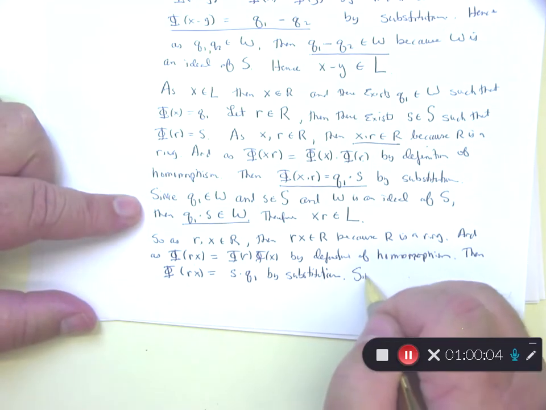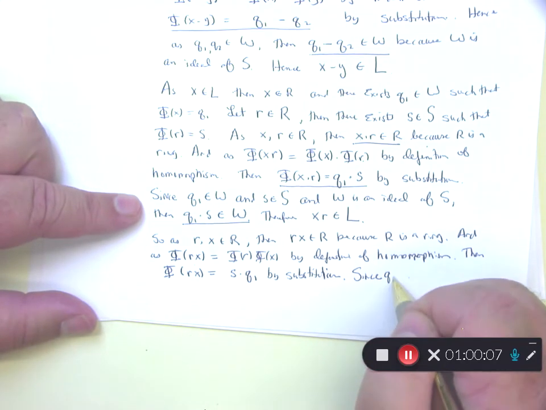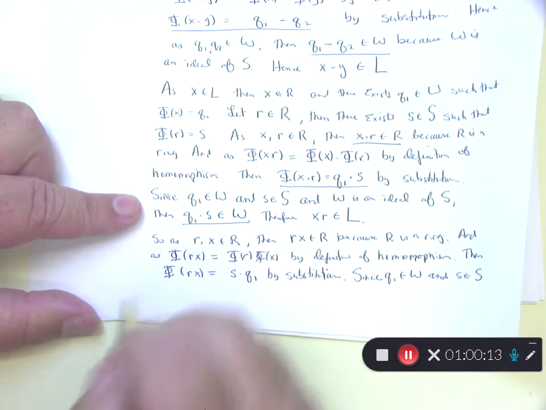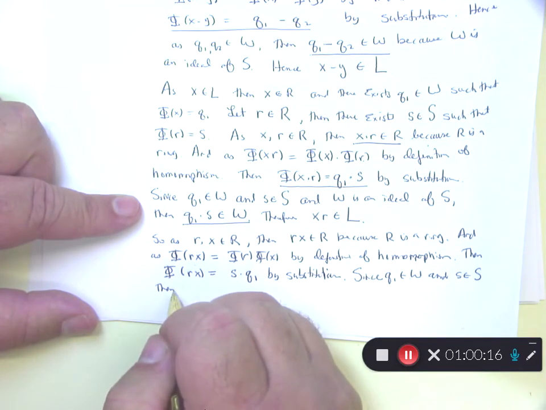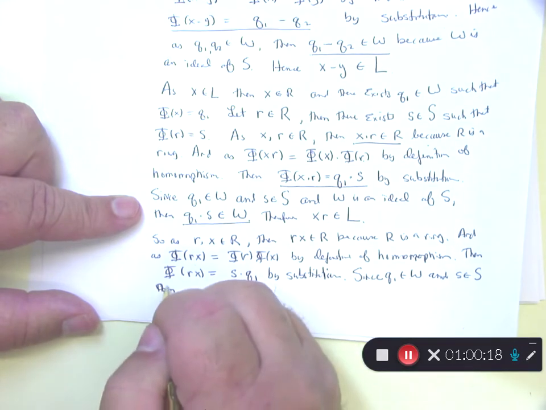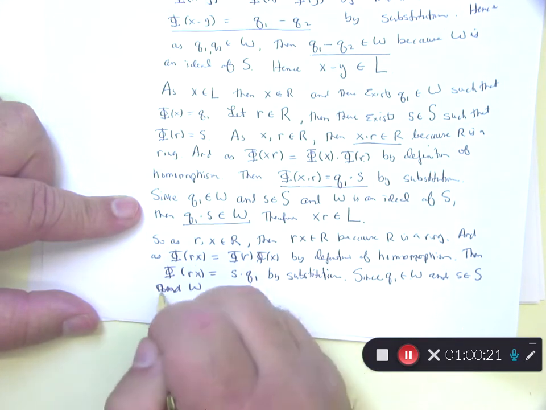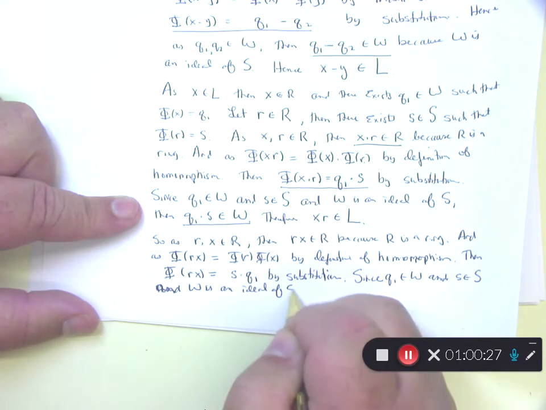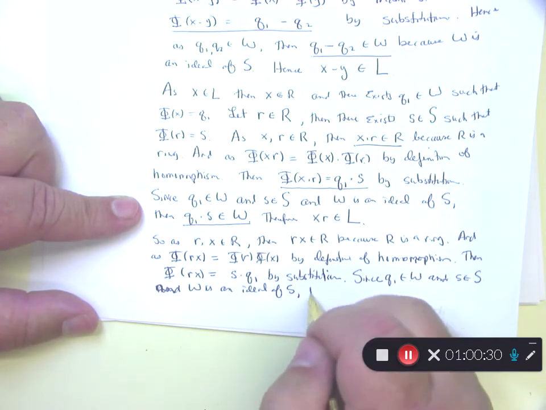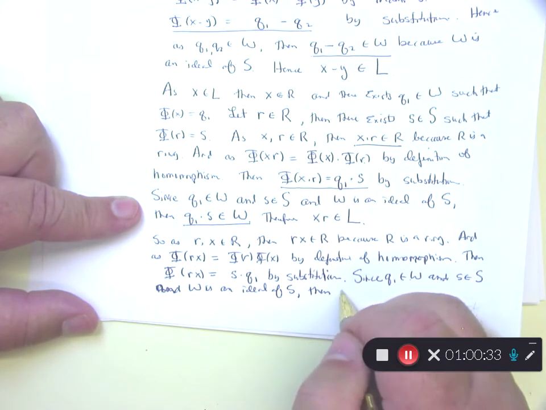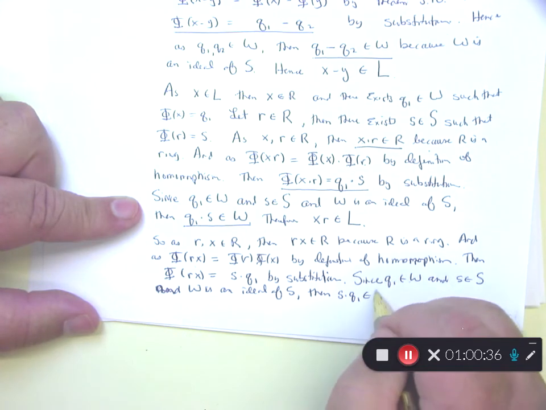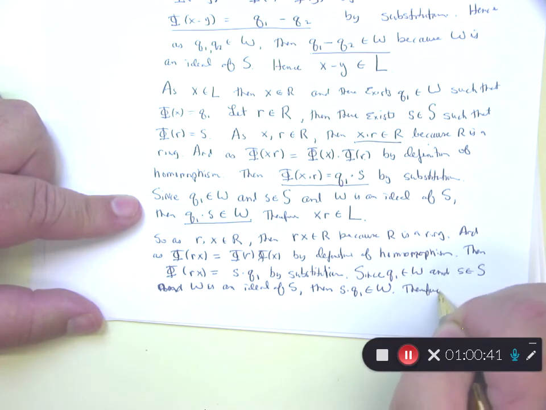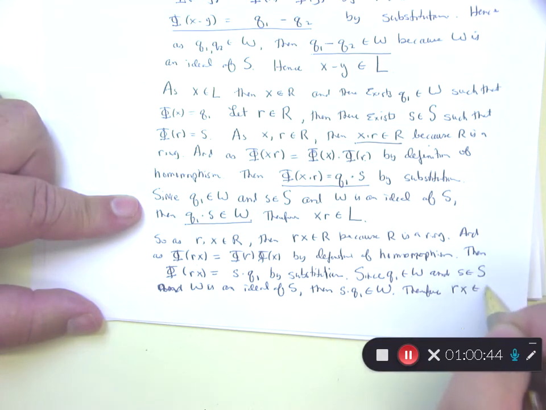And since q1 is an element of W and little s is an element of big S, and W is an ideal of S, then s times q1 is an element of W. Therefore, r times x is an element of L.